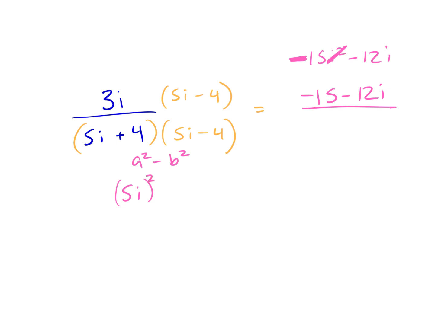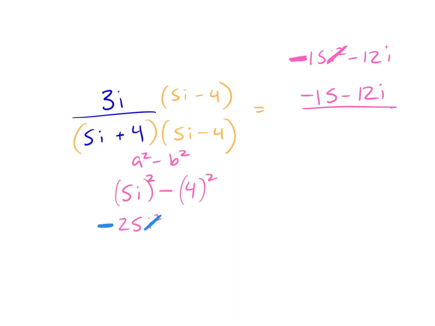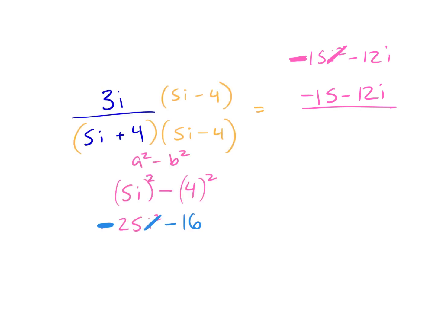So we have 5i squared minus 4 squared. 5i squared would be what? 25i squared. And what does i squared change to? Negative 1, so it makes it a negative 25 minus, it's just the 4 that's being squared, so that would be minus 16.